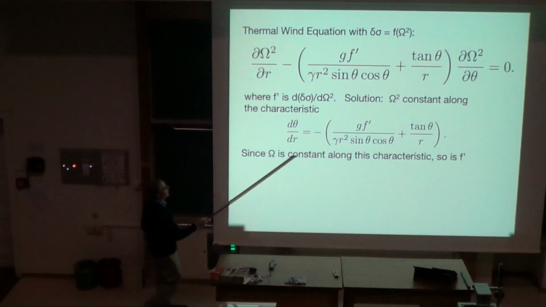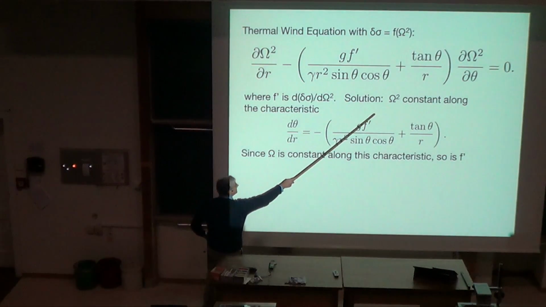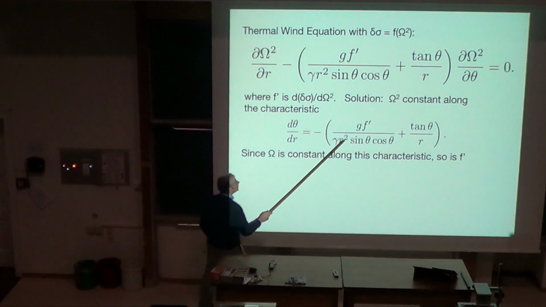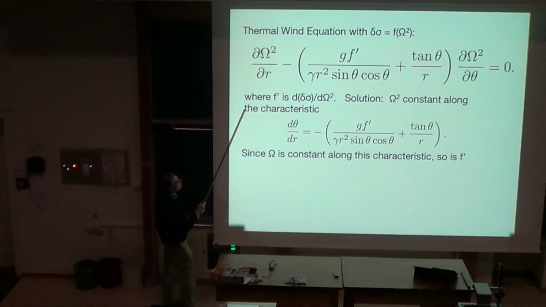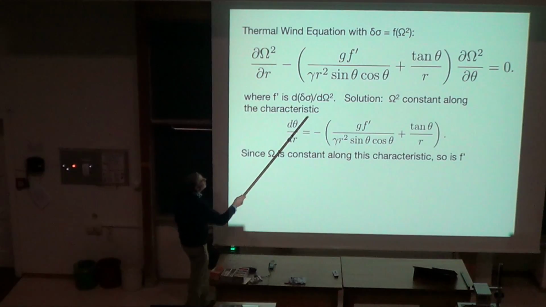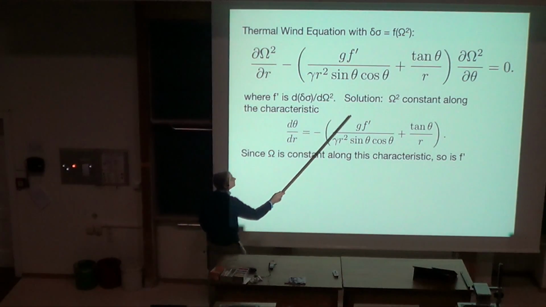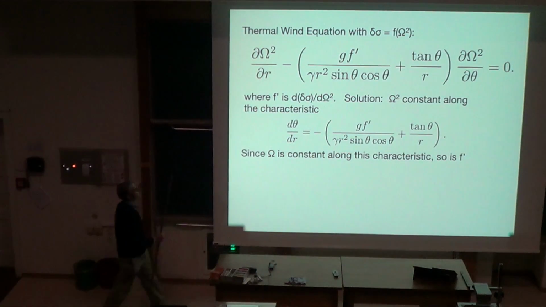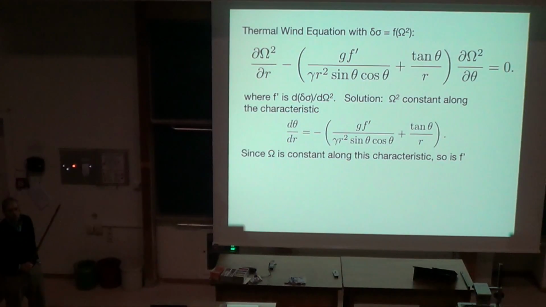How do we solve this equation? This equation says that omega squared is constant along the characteristic d theta dr equals this stuff. Now, I don't know what this function f prime of omega squared is, but it's a function only of omega squared, and omega squared is by definition a constant along the surface I'm calculating.